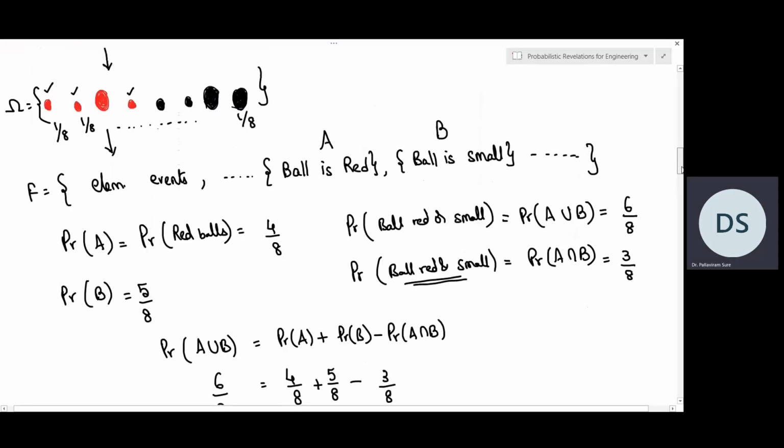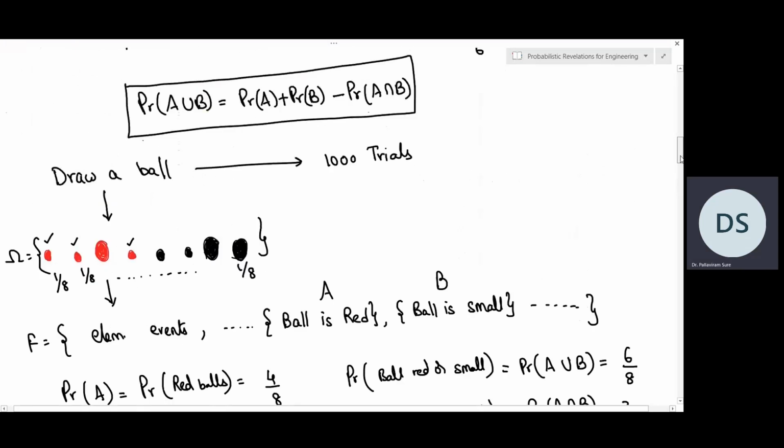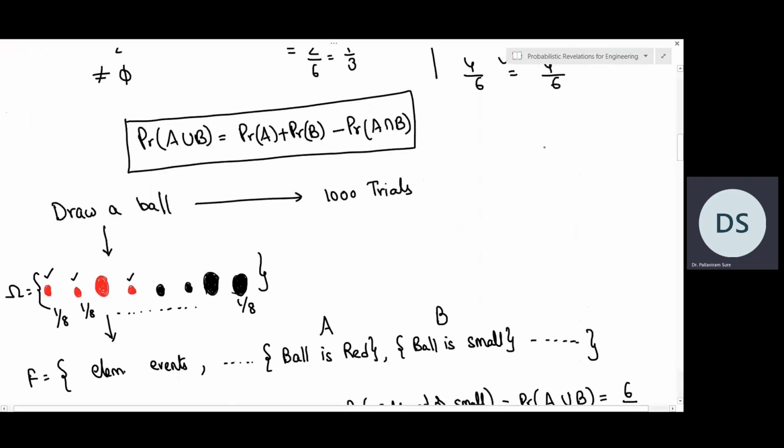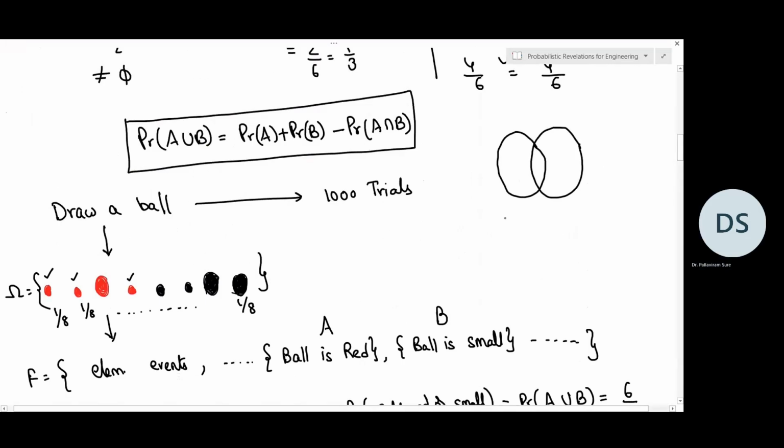And we can also represent it using Venn diagrams. So let's say this is A and this is B. This part is A intersection B. So when we write just A union B, A union B has this circle complete region.